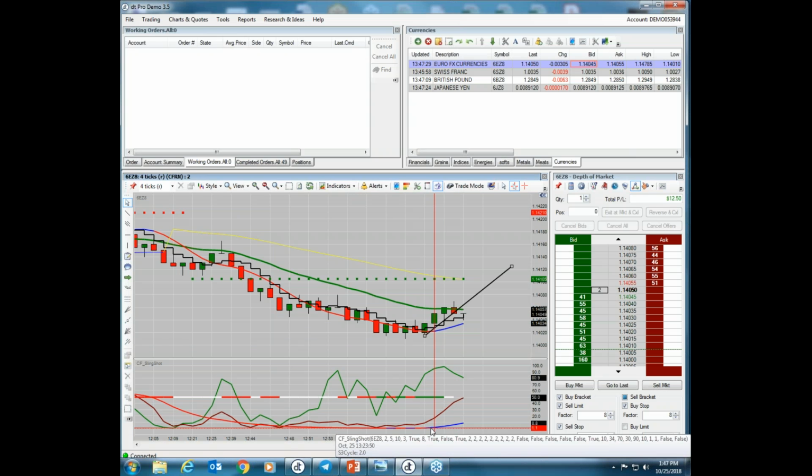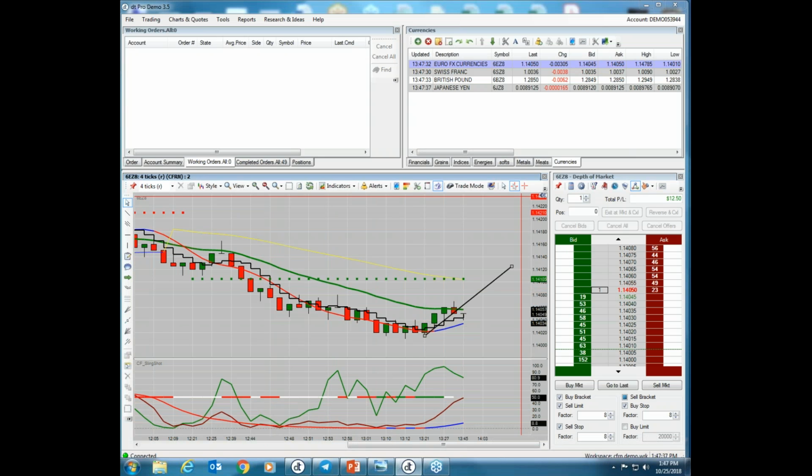Again, this is starting to curl up a little bit and concerning to me, especially after the cross happened way back here. So right now, I would not take that trade because it's blue and it's starting to curl up a little bit.